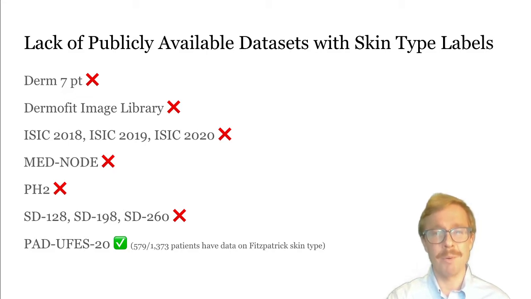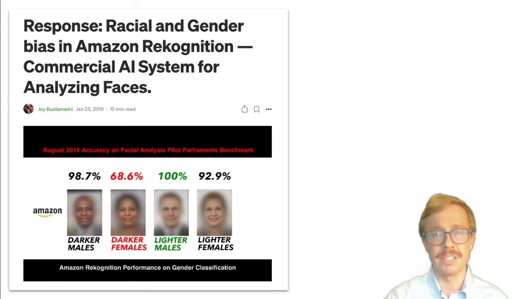The reason it's important to annotate clinical dermatology images with skin type is that without these annotations, hidden biases can lurk in the data. So in 2018, Joy Buolamwini, my colleague at the MIT Media Lab, and her co-author Timnit Gebru published their Gender Shades paper, which revealed that commercially available facial recognition systems were substantially more accurate on lighter-skinned individuals than darker-skinned individuals.